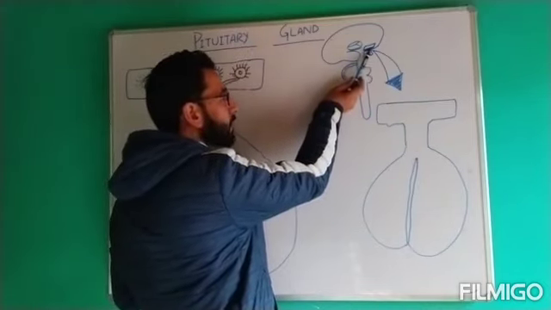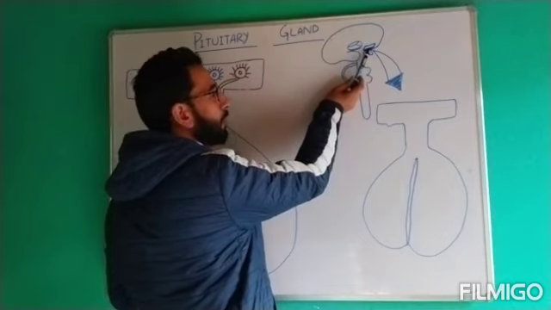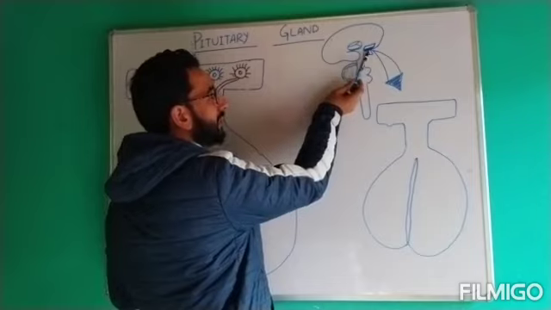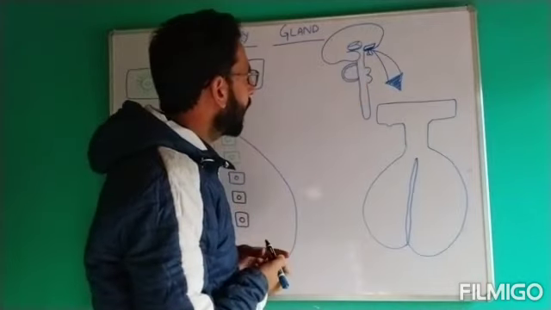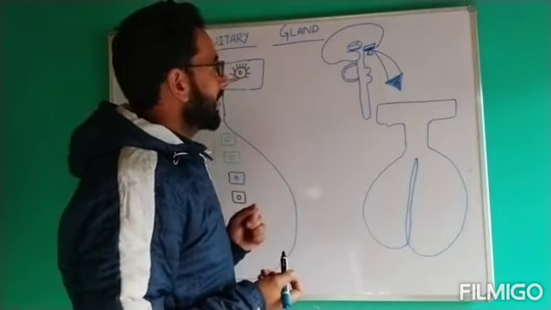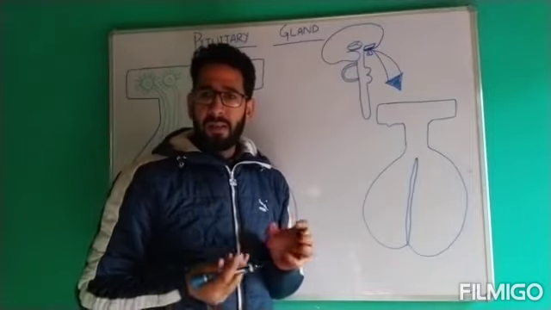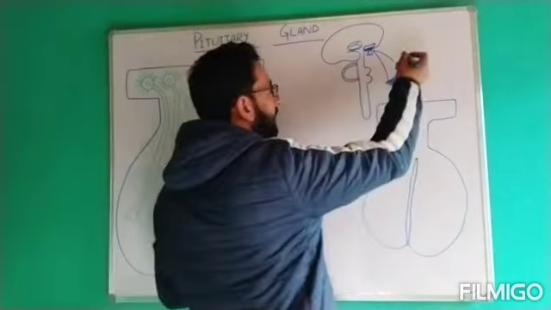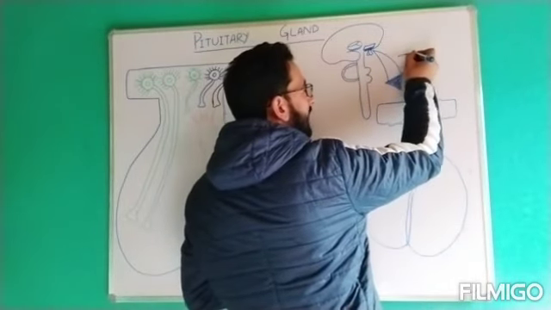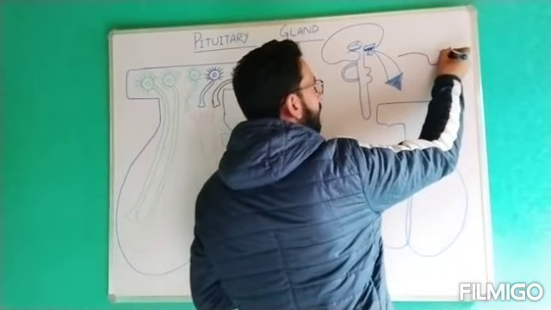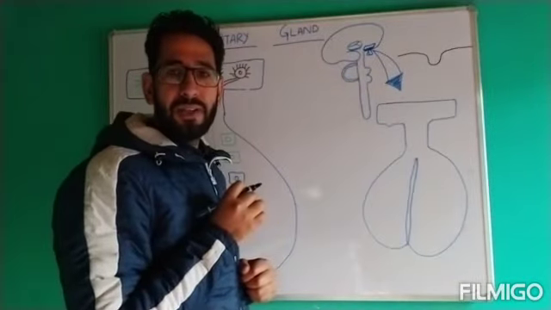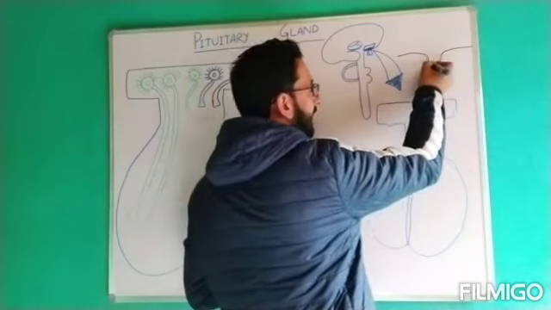Now, inferior to the hypothalamus, attached to it, is this gland which is called the pituitary gland. You can see right here. This pituitary gland is located inside our cranium. There is one bone called the sphenoid bone, and that sphenoid bone has a depression inside, which is called the sella turcica.